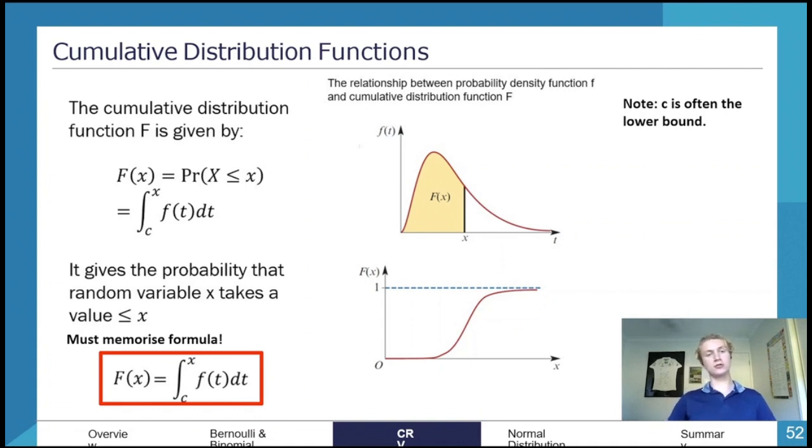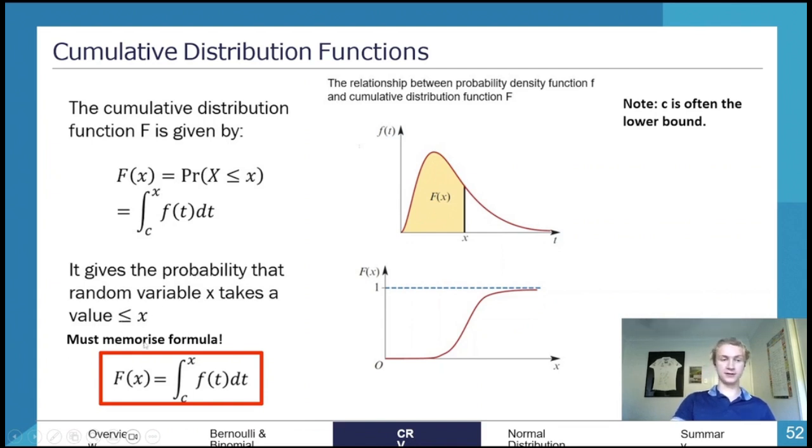And it equals the integral between the lower bound, c, and x. So if we have this value x here, we're finding the integral, the area, under this curve, between that and the lower bound. The c would be here for the lower bound. We're finding the probability that it's between there and there. The probability that the random variable X takes a value of less than or equal to x.